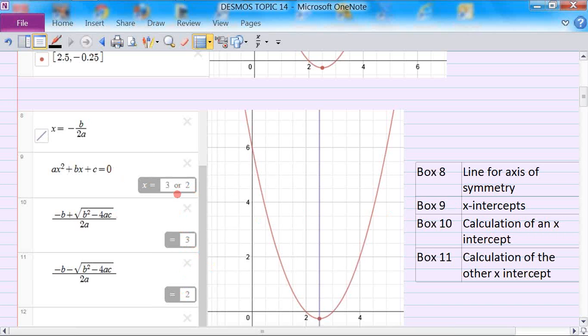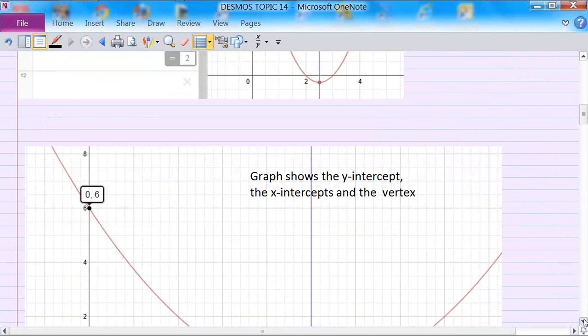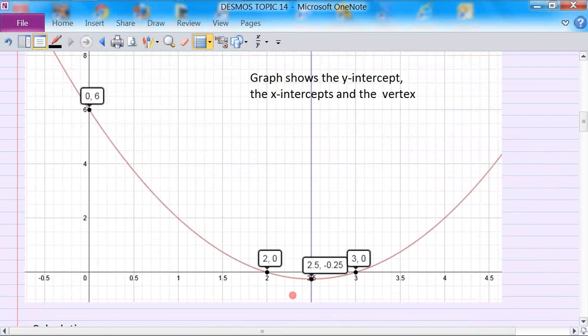Now, I know a lot of these calculations are redundant, but it's just to show you there are different ways to calculate things and different ways to obtain things. Now, if we take just the graph itself, we can expand it, and we can click on these points, and you can see here's an x-intercept, here's a y-intercept, here's the vertex right here, and the points are identified if we click on these points in Desmos.